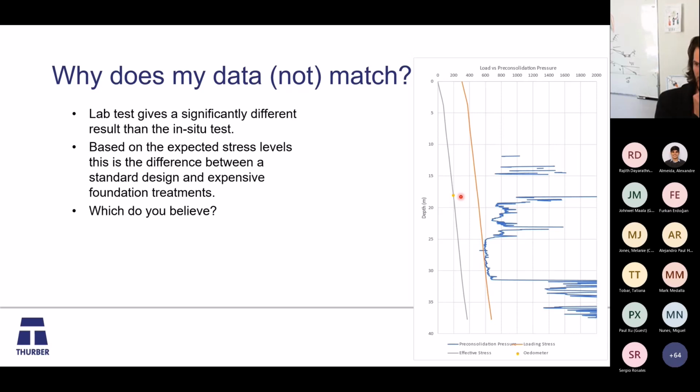And this one here is the interpreted pre-consolidation pressure from the odometer. So the lab test gives significantly different results than the in-situ test. Based on the expected stress levels, the design would be hugely different. On this project, this would be about a $20 million difference in design. So you have to ask yourself, which one do you believe?